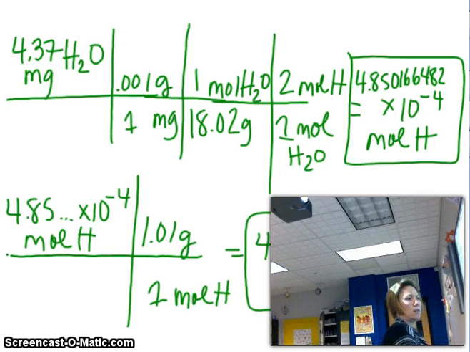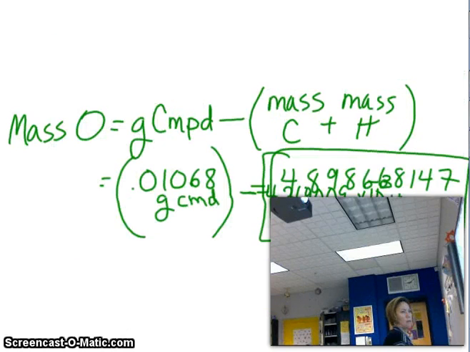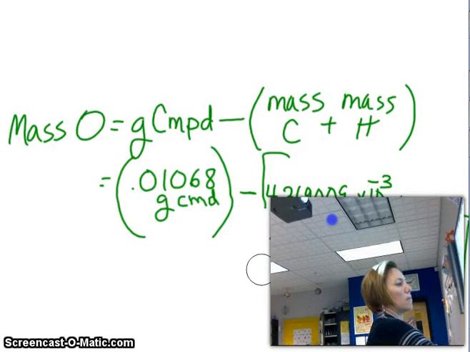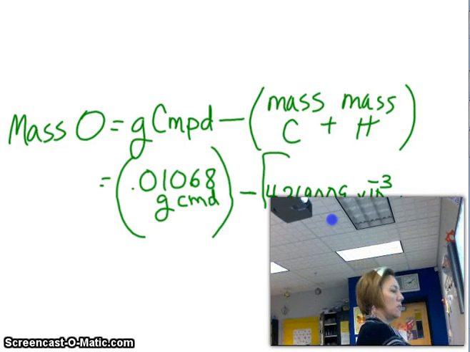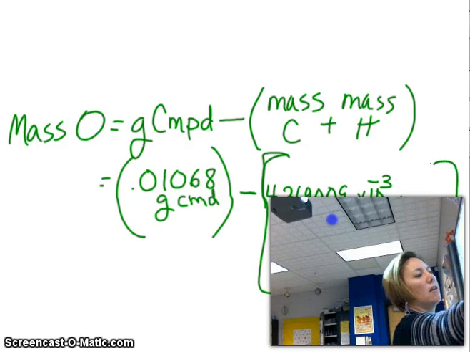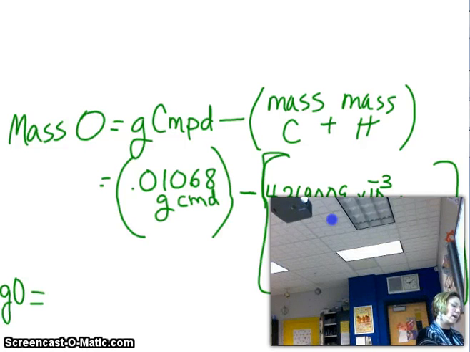I'm going to cheat because I can. Ah, the wonders of the smartboard. So we're going to add our grams of carbon and our grams of hydrogen together and subtract them from the mass of our compound. And that will give us our grams of oxygen.